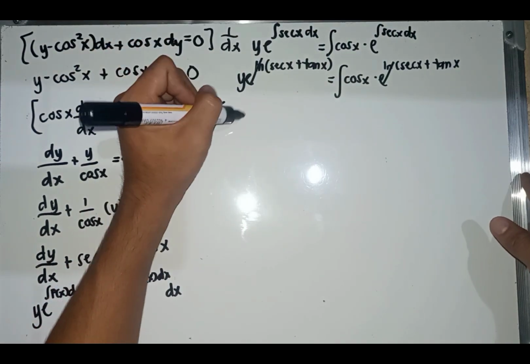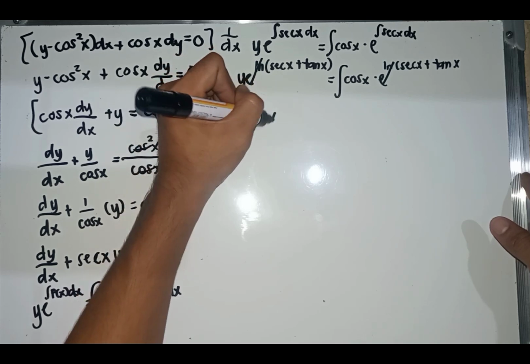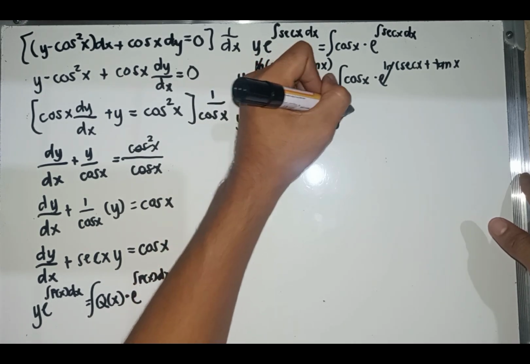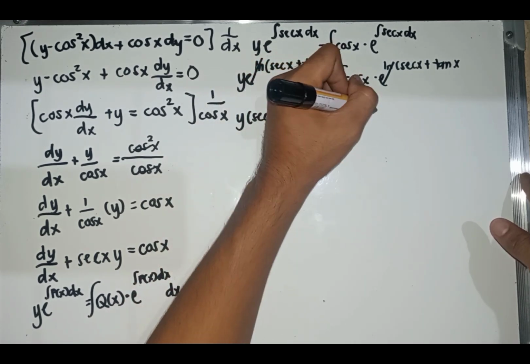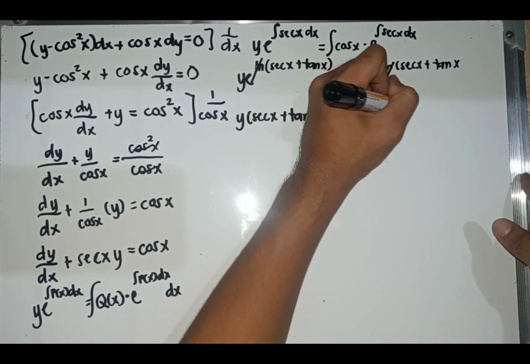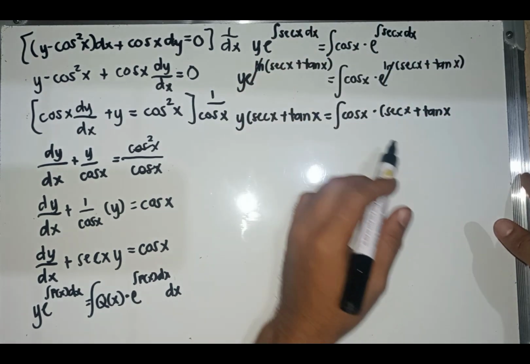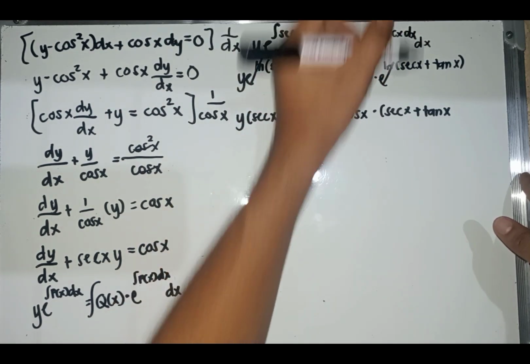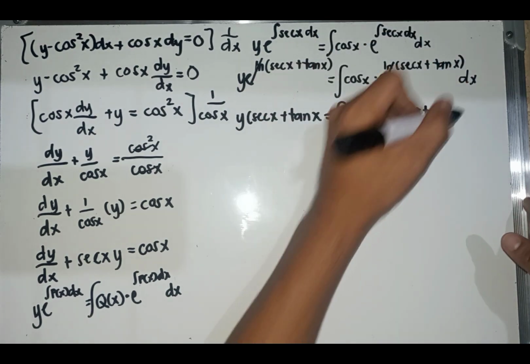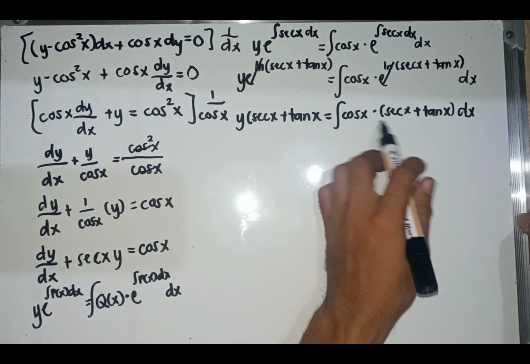So we're left with y multiplied by secant of x plus tangent of x is equal to the integral of cosine of x multiplied by secant of x plus tangent of x. Also we have a dx here, sorry, I forgot to put that. Right now we're going to distribute this cosine of x.